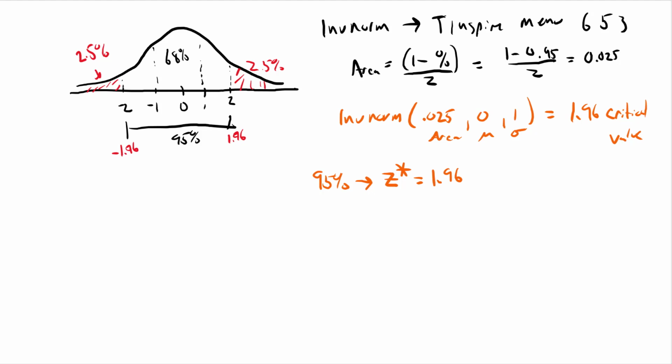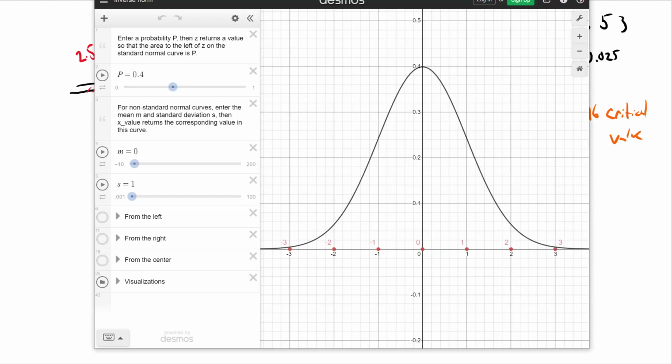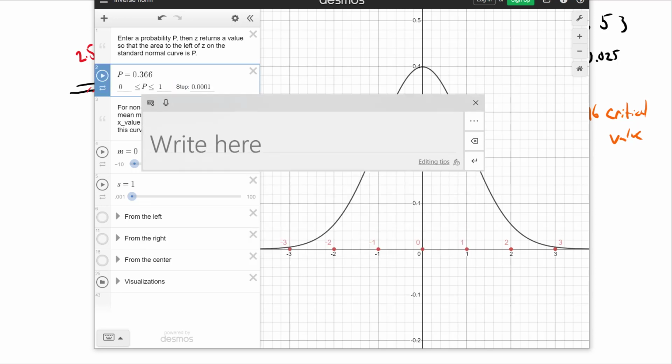Now, if you're using the Desmos calculator, again, that link that I'll put down in the description below, we need to know what that 1 minus a percent divided by 2 is, which we know is 0.025, okay?